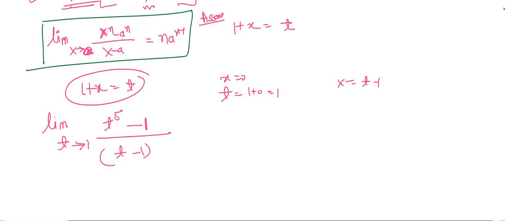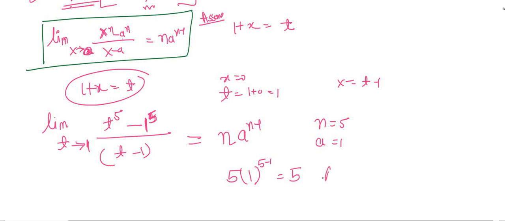Instead of a we have 1. Instead of n we have 5. So I can use this formula, where n is 5 and a is 1. So n times a raised to power n minus 1: 5 times 1 raised to power 5 minus 1. So the answer is 5. Okay, I hope you understood.